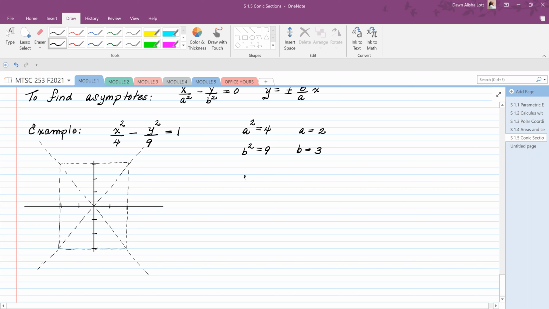So c is equal to the square root of x squared, I'm sorry, a squared plus b squared, which is equal to the square root of 13.